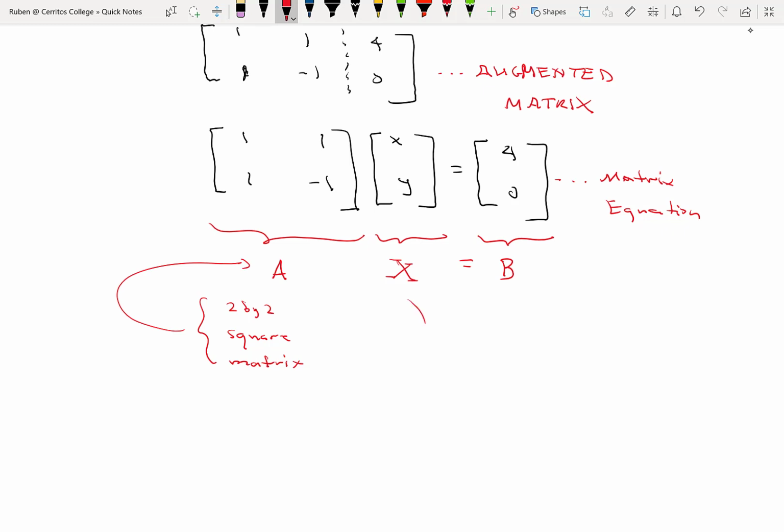X and B also have special names. X and B are called column vectors.